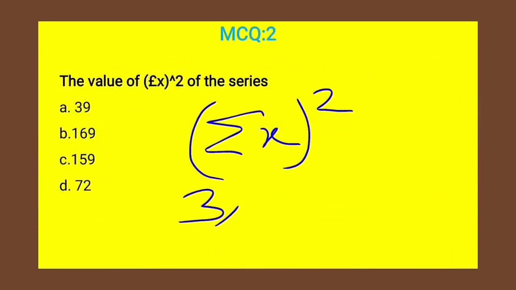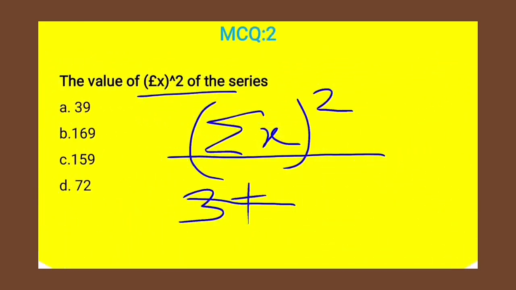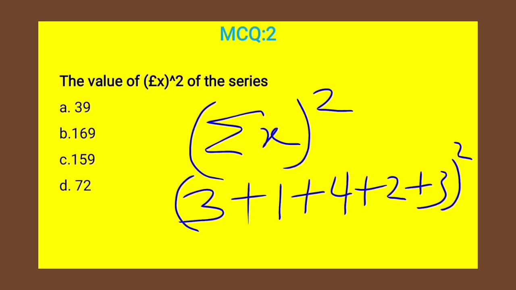So we're going to just sum all of them up. So 3 plus 1 plus 4 plus 2 plus 3. At the end of the day, you square it. Whatever you're going to get should be your answer in that case.